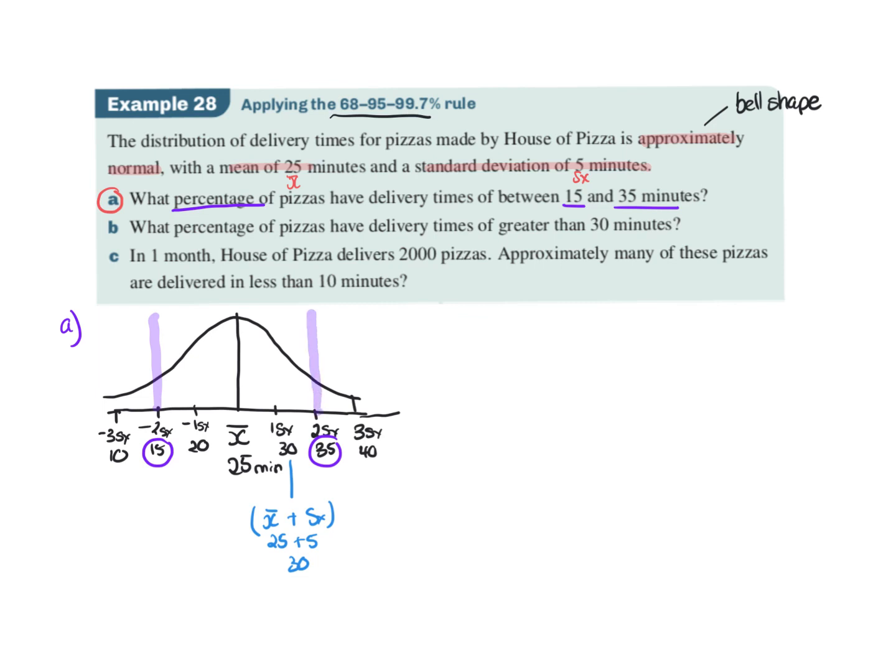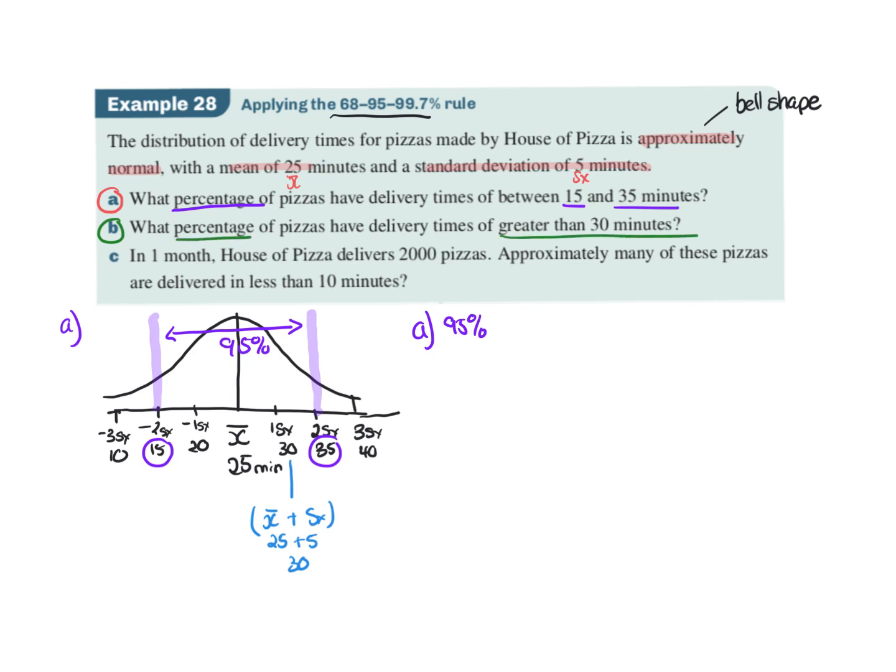We knew when it was plus or minus 2 standard deviations that 95% is between those two. So the answer for A, what percentage of pizzas have a delivery time between 15 and 35, is 95%.